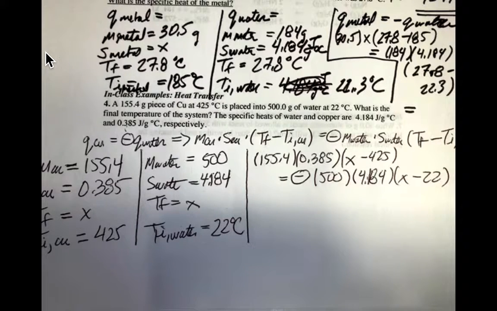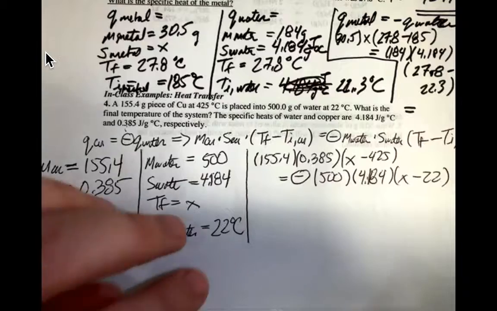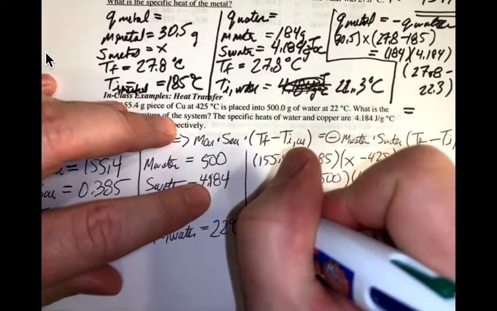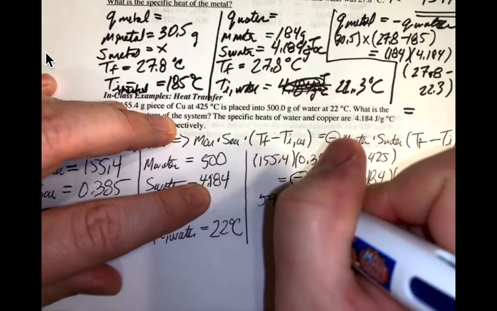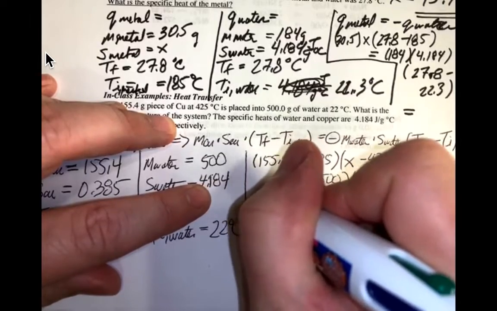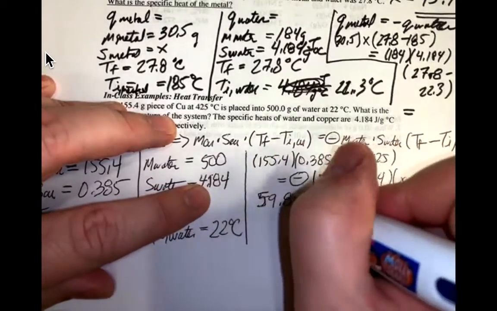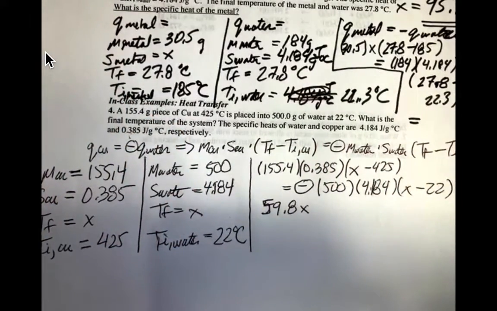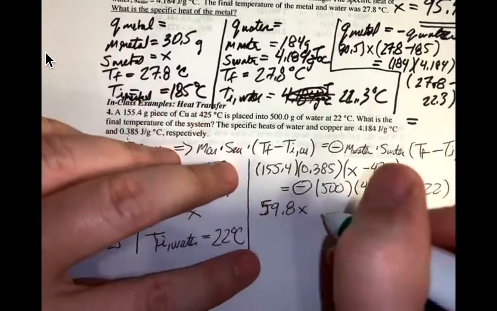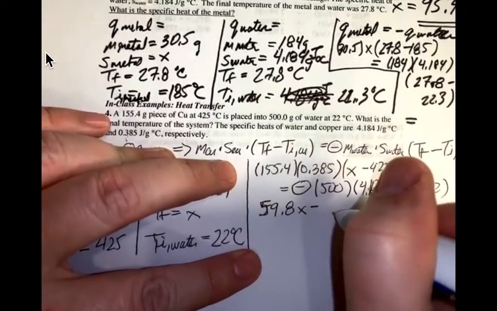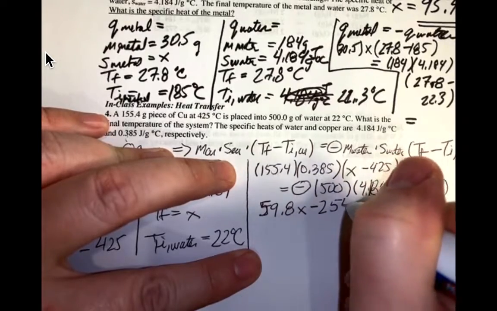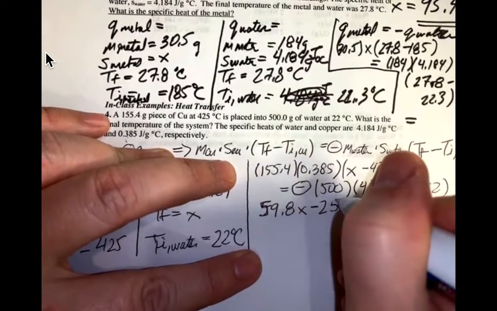All right, now I'm going to multiply 155.4 times 0.385 times x, which gives me 59.8. I'll just keep one decimal point, 59.8x. And now 155.4 times 0.385 times my minus 425 gives me a minus 25427.